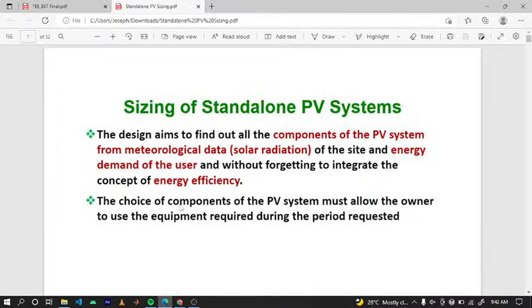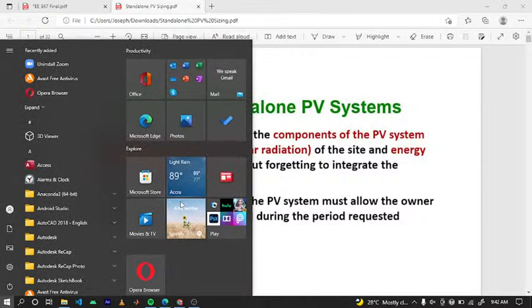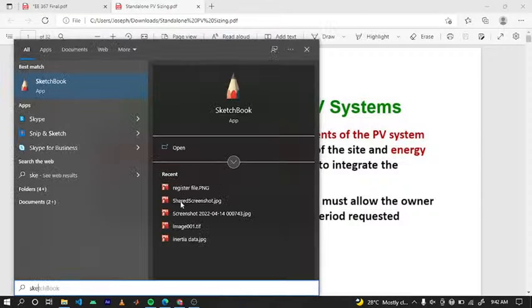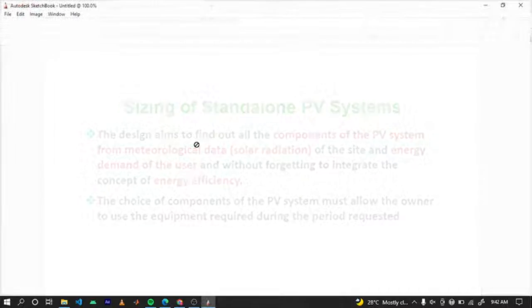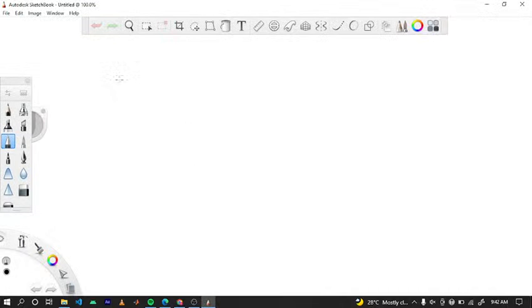Okay, so welcome back. So how to read. I have a PV array here.